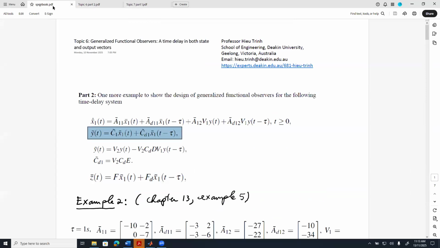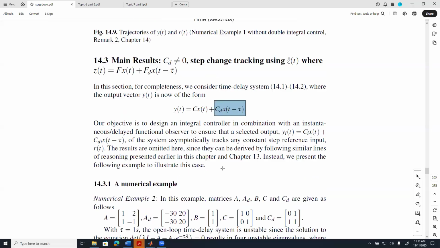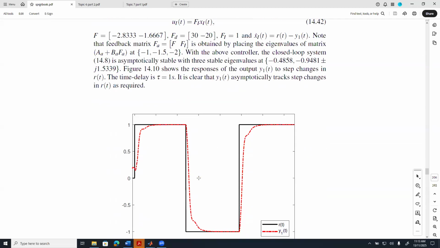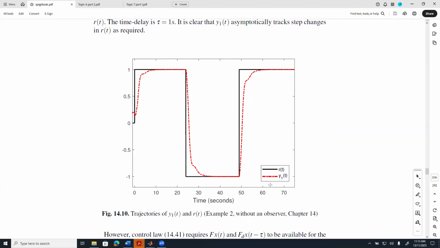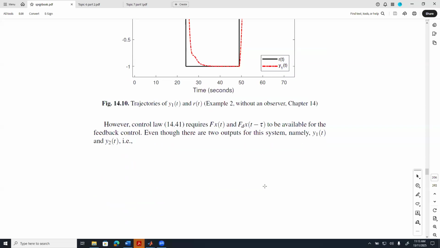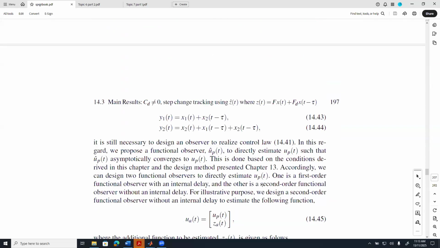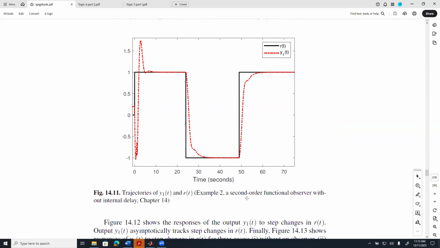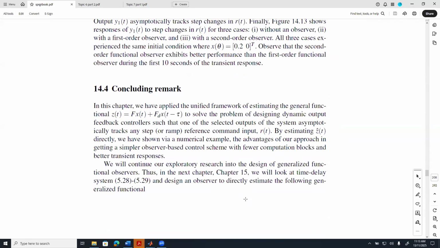So we even investigated this section also, and we pick an example and show that even with output measurements of that form, using the generalized functional observer, we can achieve that. Okay, and that's essentially what this chapter is about, an application.